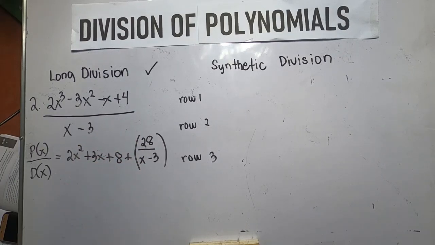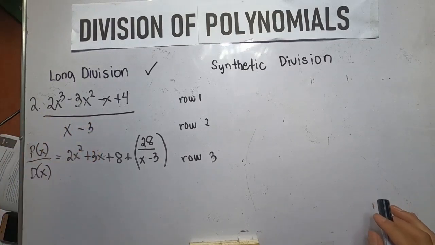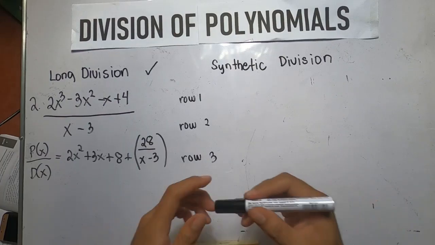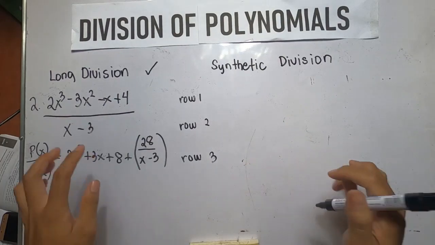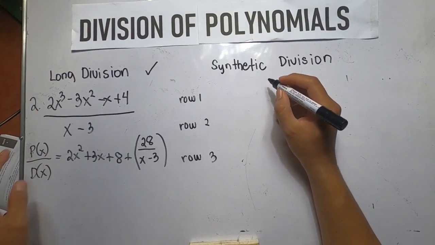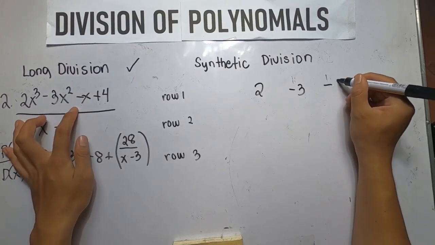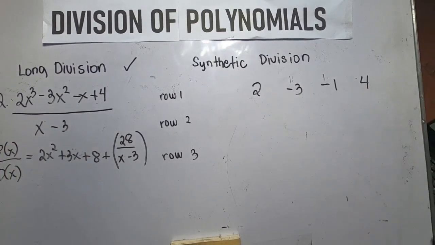Let's now proceed to the synthetic division. So the dividend is already arranged in standard form. So we will write now the coefficients of the dividend. The coefficients of the dividend are 2, negative 3, negative 1, and positive 4.